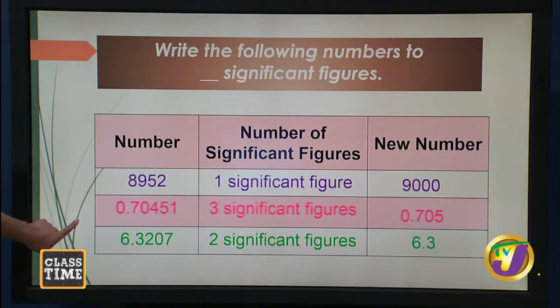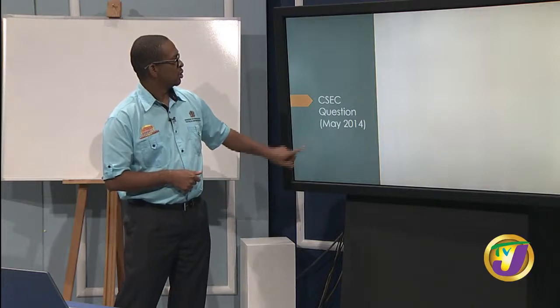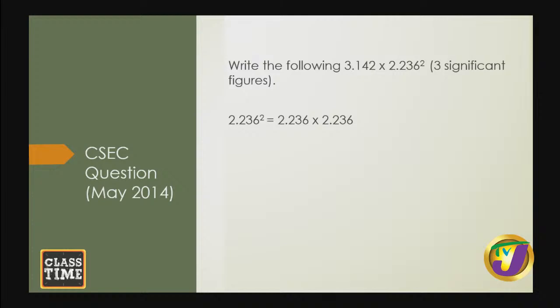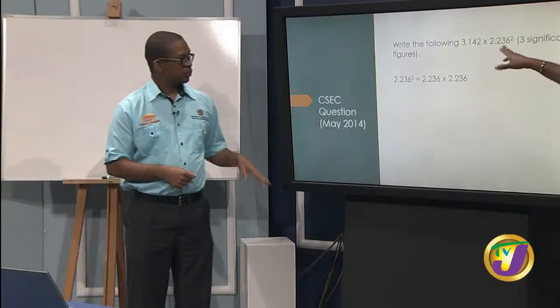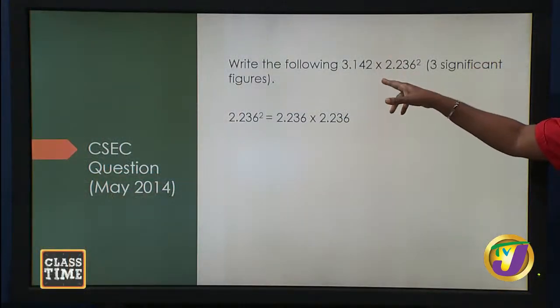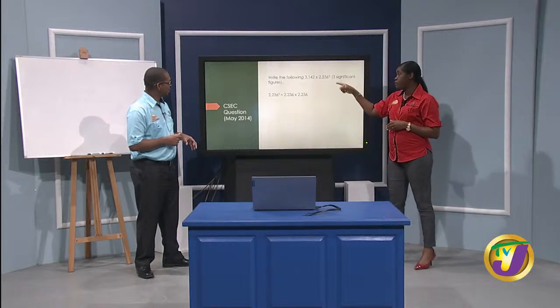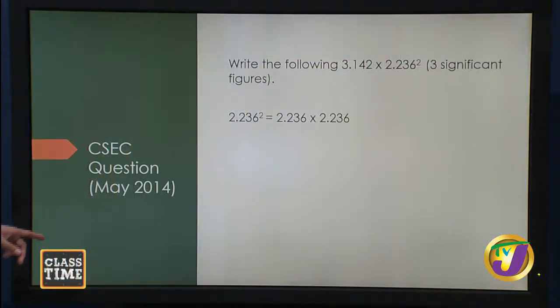All right, good. So let's look at a CSEC question. We are to evaluate the following: 3.142 times 2.236 squared, giving the answer to 3 significant figures. Notice we have 2 operations, Tyrone: multiplication and exponents. So I'm seeing CSEC integrating the 2 concepts, both significant figures and order of operations. Very good. So we need to work the exponent first.